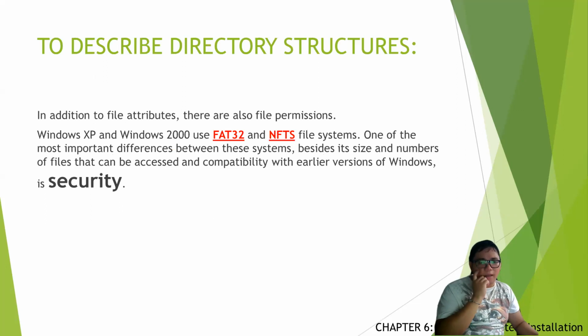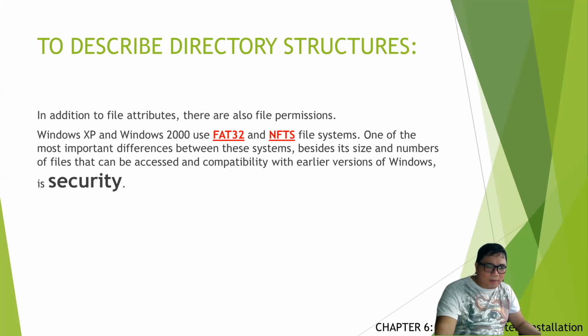So, to describe directory structure, in addition, the file attributes, these are also file permission. We call it the file permission. Windows XP, Windows 2000, using FAT32 and NTFS file system. One of the most important is about, we're talking about the security.